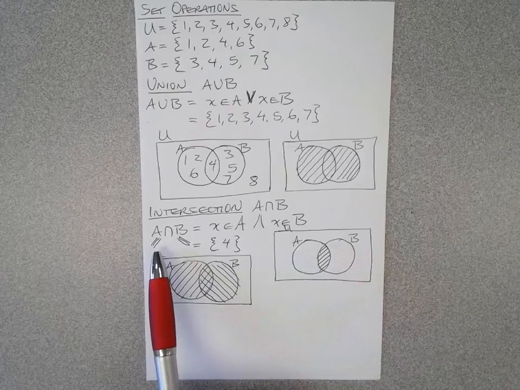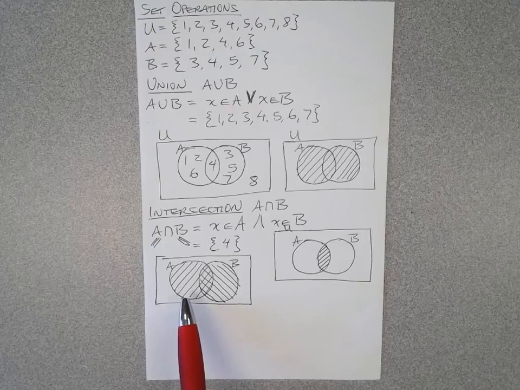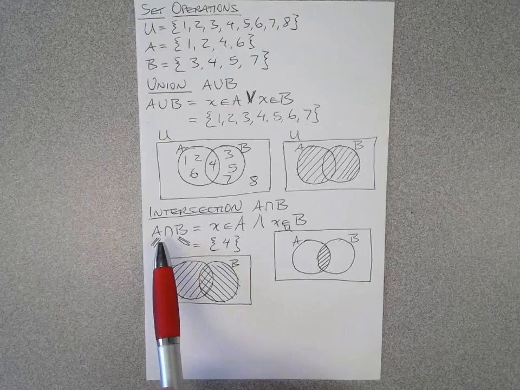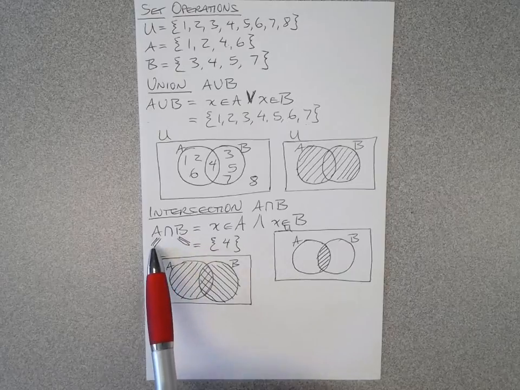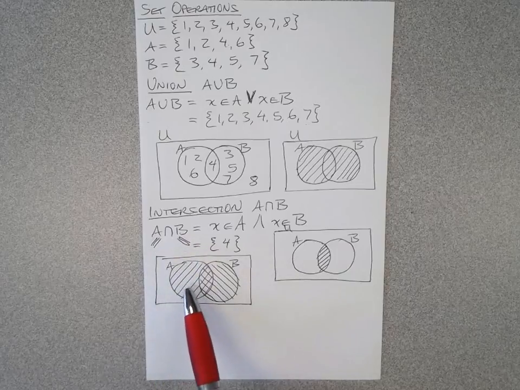Another technique for shading intersections that I want to make you aware of at this point, it'll come in handy later on when we work with slightly more complicated operations, is using a different pattern for each set: shade A in one direction and then shade B in the other direction.